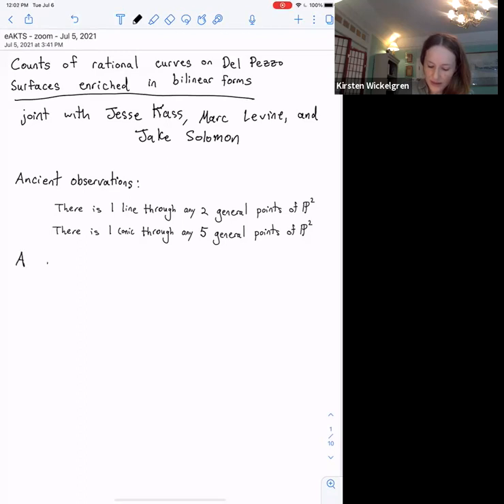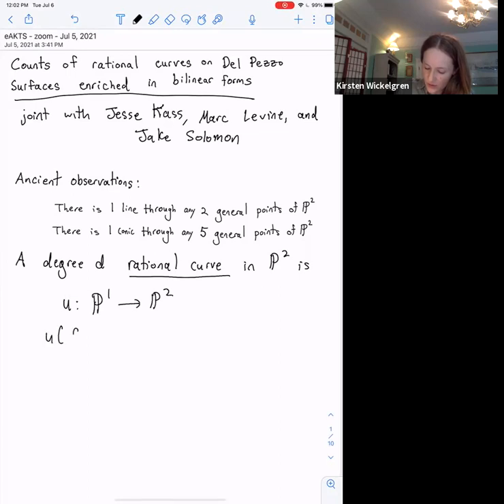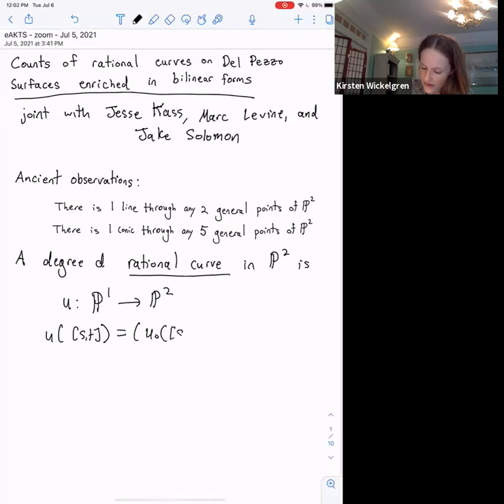More generally, you can count degree D rational curves. The degree D rational curve in P2 is a map from P1 to P2. So in homogeneous coordinates on P1, it's an algebraic map.